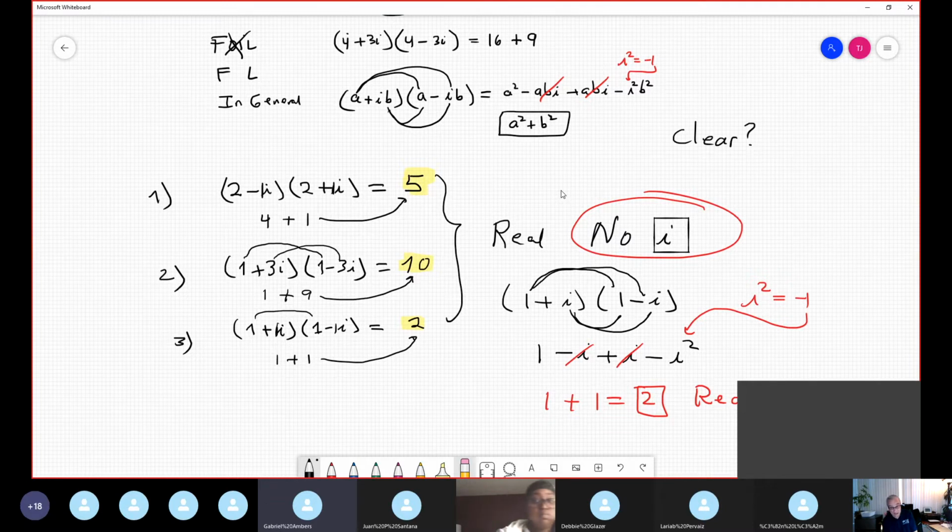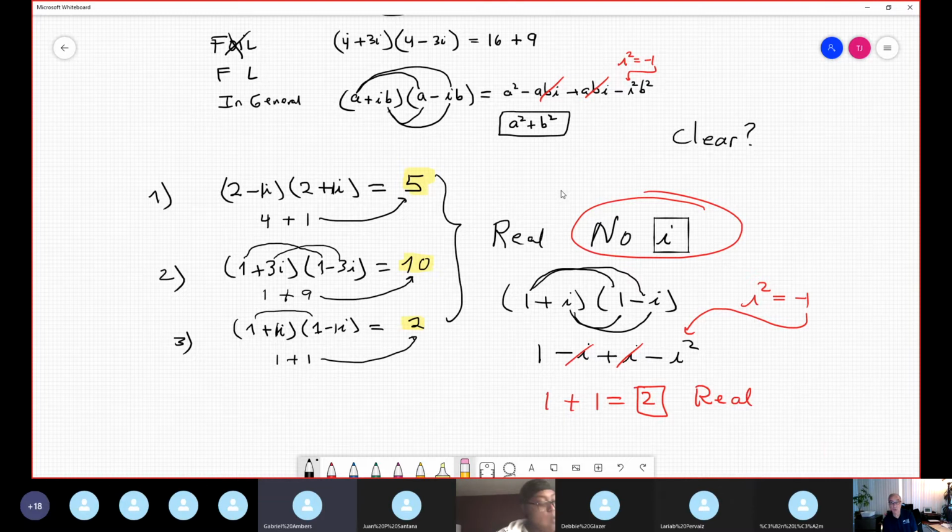And we take advantage of this fact to perform division. I want to explain division now.